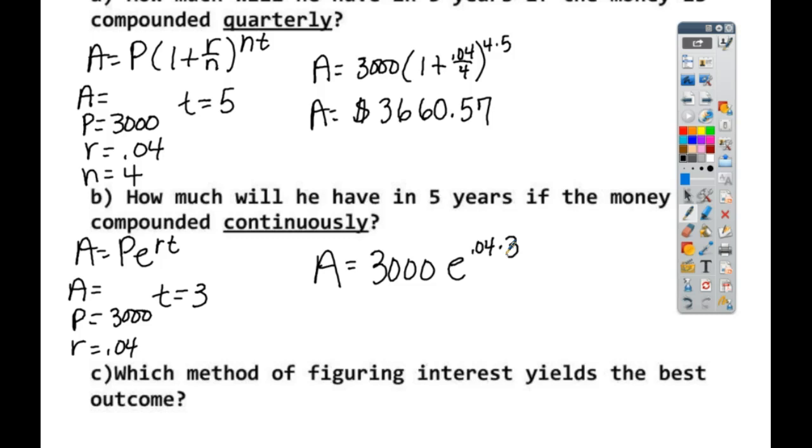You're going to have to use your E button that's on the LN. If you push the E button, it opens a parenthesis. So type in 0.04 times 3, and then close the parenthesis, and then times 3,000. Oh, 5. Thank you. This is a 5, the number of years. But it's not a 3.